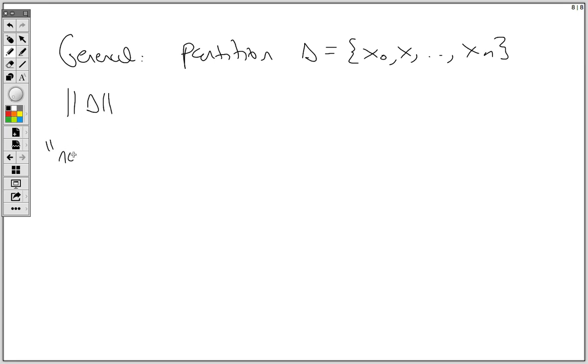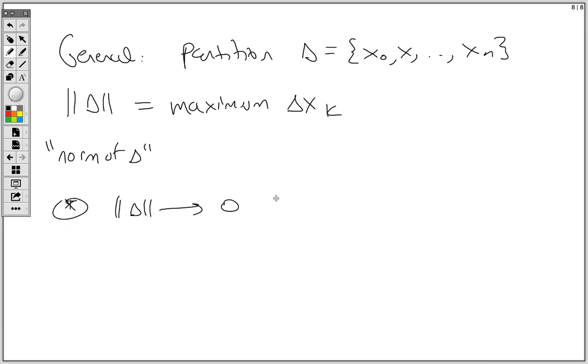This is the norm of delta: the maximum of all the delta xk's. And what we want is for the maximum of those delta xk's to go to 0, to make sure the rectangles get skinnier.